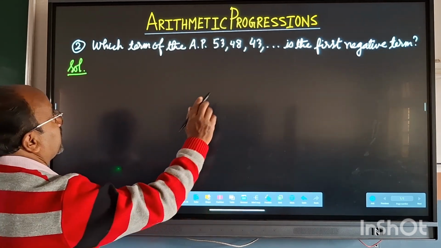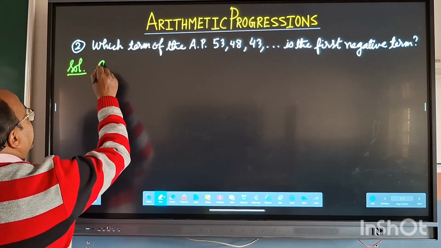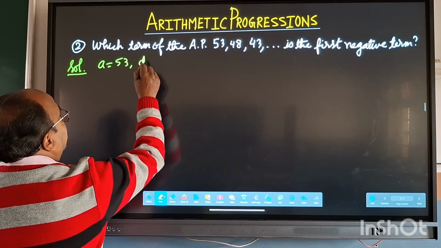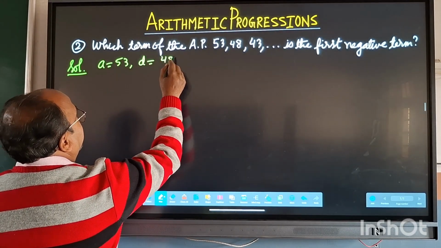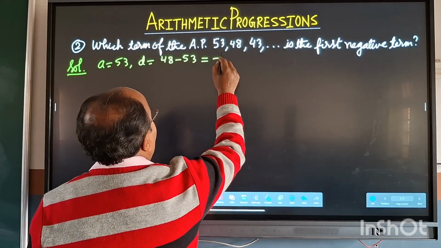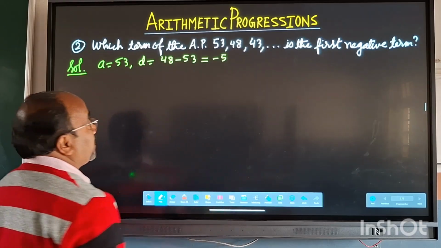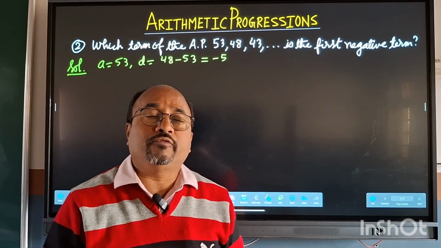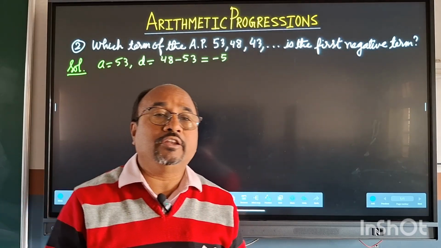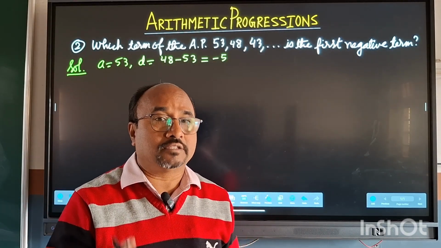First, we write here the a value as 53, and the d value will be 48 minus 53, that will give you minus 5. Now, if we are going to get a negative term, it means the value of that term will be less than 0.